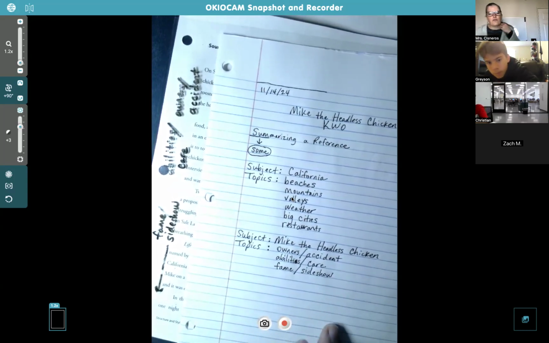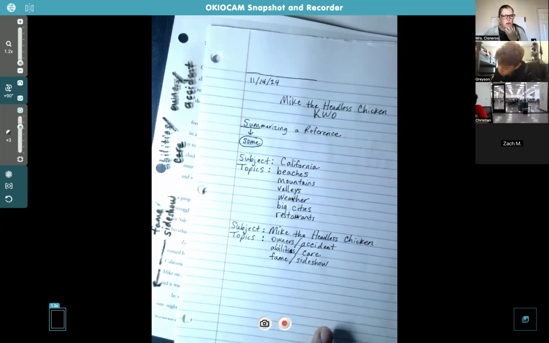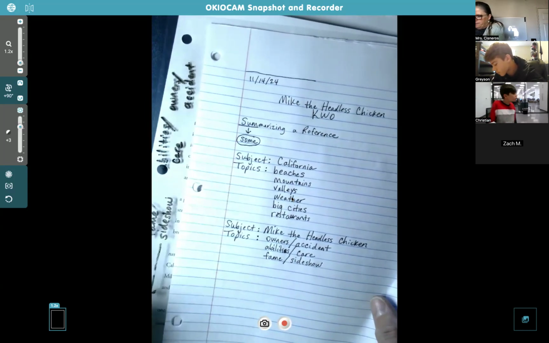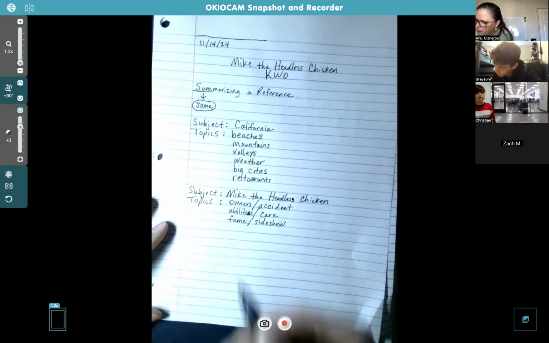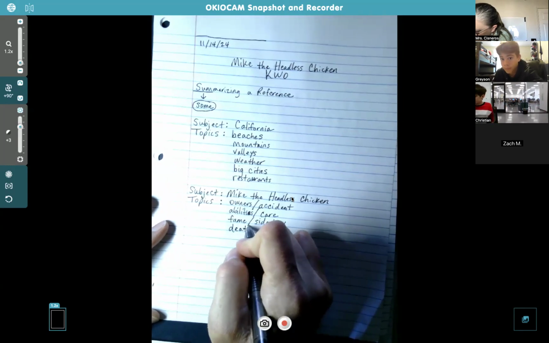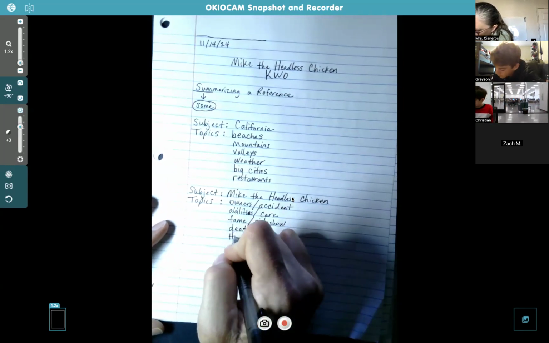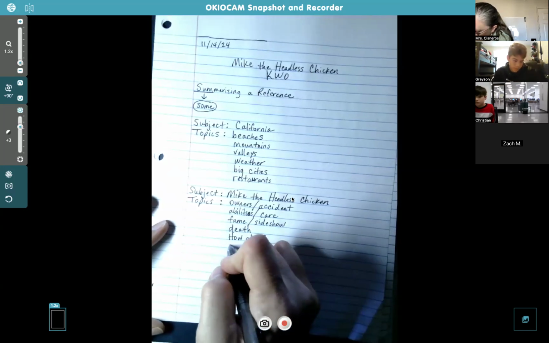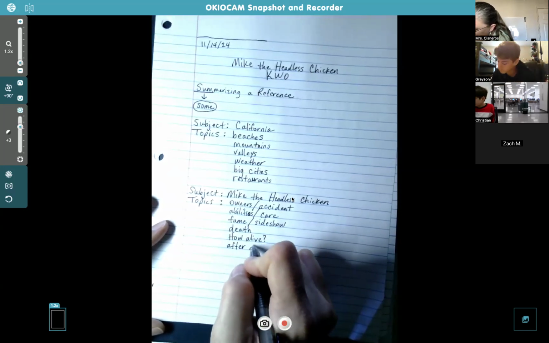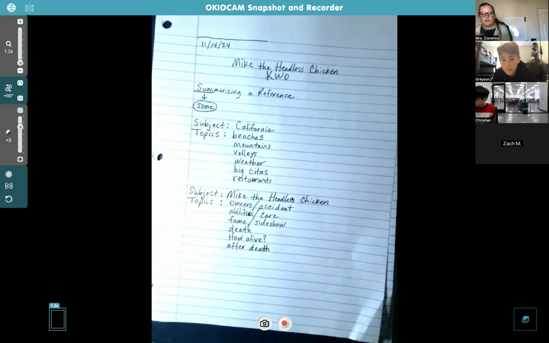I'm taking our notes from the side notes that we put on these paragraphs, and I'm making a list now. On the back, we had death. Then we had how alive, and then after death. Go ahead and copy those down. Those are from our margin notes for each paragraph, making a list now.